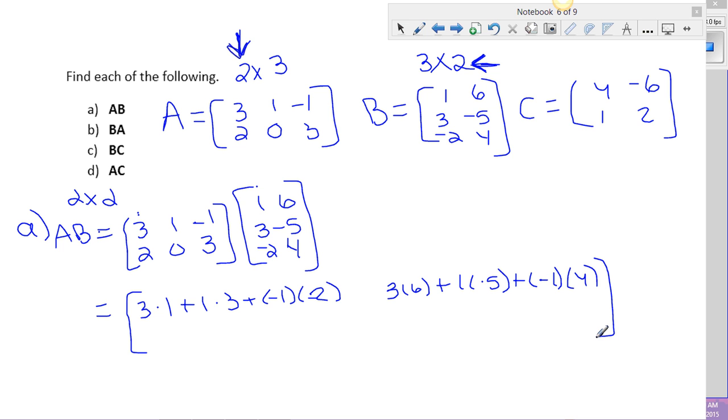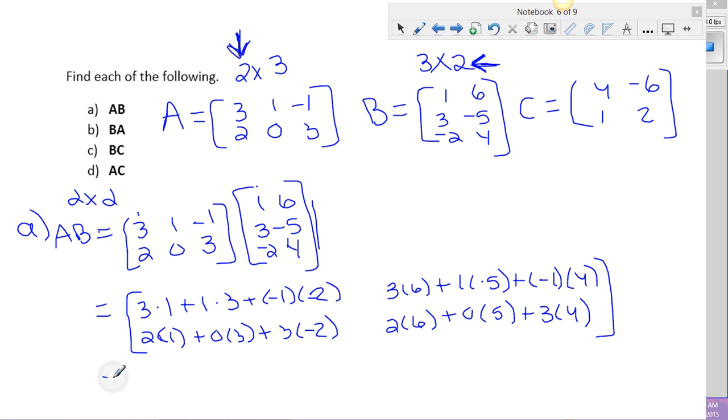Now for the second row, 2 times 1, plus 0 times 3, plus 3 times negative 2. And 2 times 6. So essentially you're taking this and going down the row. Plus 0 times negative 5, plus 3 times 4.